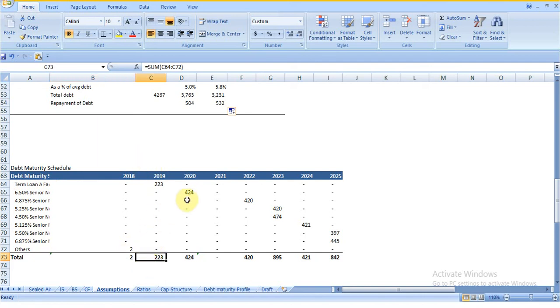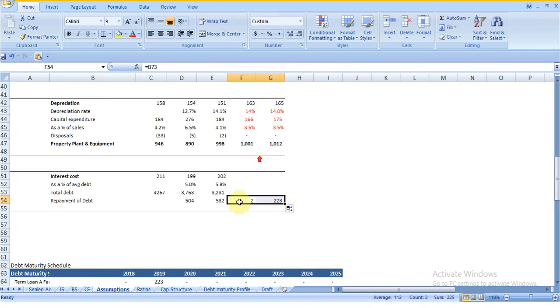So I'm going to plug in these numbers from here to there, and I'll drag it so that I'll get an idea in 18 and 19 how much debt is going to be repaid. From this, I can calculate my debt for 2018: the last year's balance minus this year's repayment which is going to happen. Similarly, for 2019 also, I'll just drag and I can calculate this.